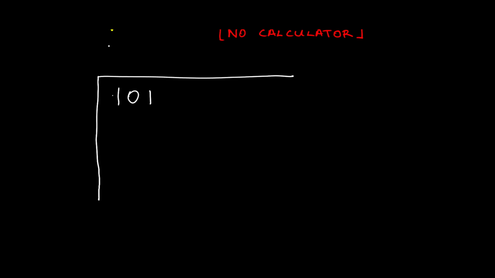So the first term is 1, and we need to identify what the result would be in our final answer. So let's say, for example, if we took 2 as our first term, we would have to multiply 2 by 2, and this is equal to 4.